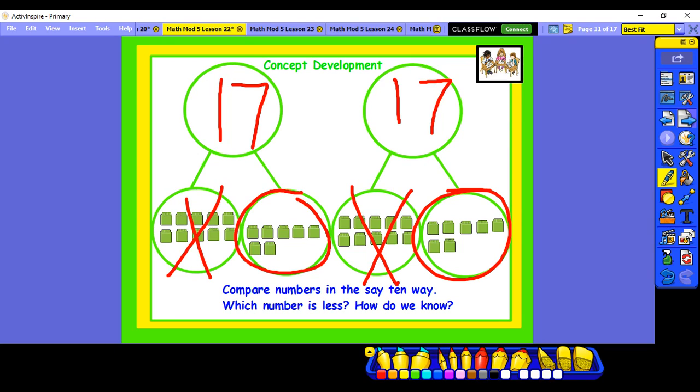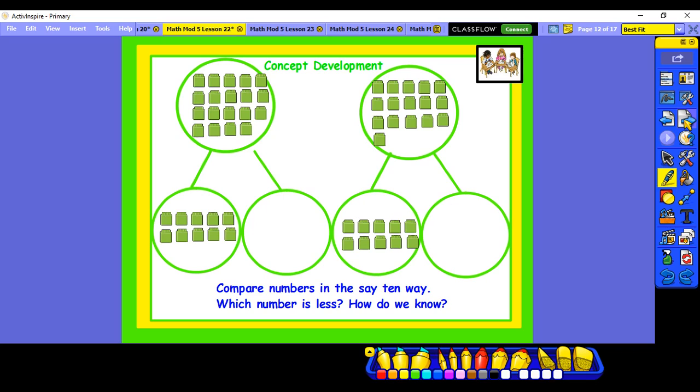Neither of them are more. Neither of them are less? Why not? Because they are exactly the same. When numbers are exactly the same, what do we call them? Equal. 17 and 17 are exactly the same. They both have 7 ones left over. So they are equal or exactly the same.